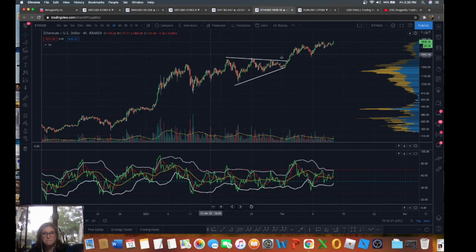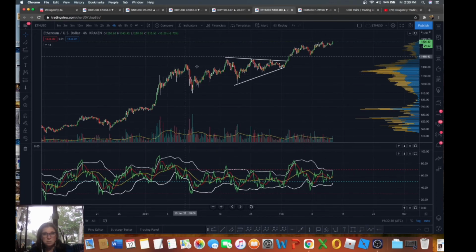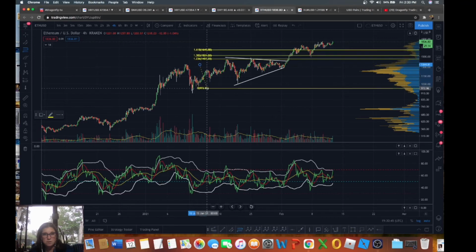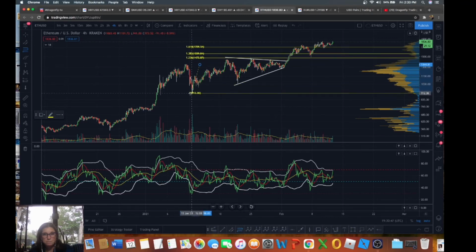I can't make it fit in any Elliott wave count other than this being an A, a B, and a C. And it doesn't make sense either because we've gone past the expanded B pocket. So for this to be, see, we've gone past it. So for an A, B, C to the upside, that's out.